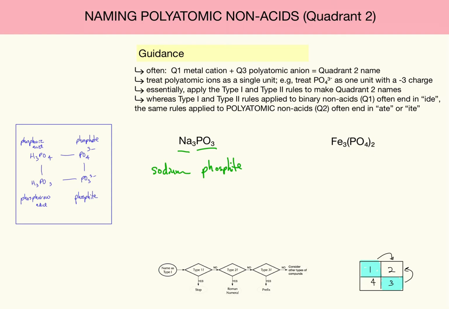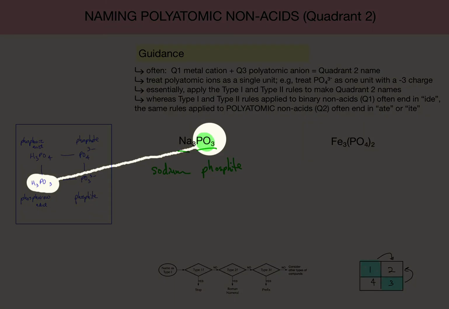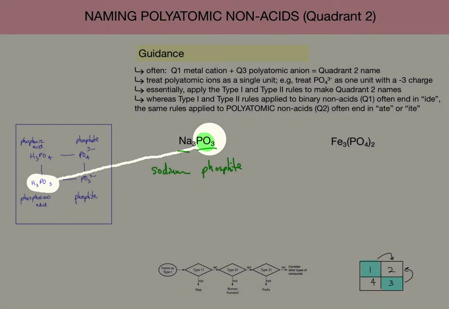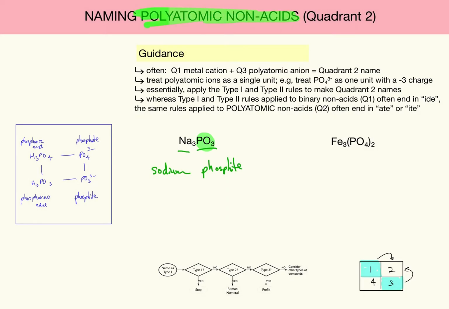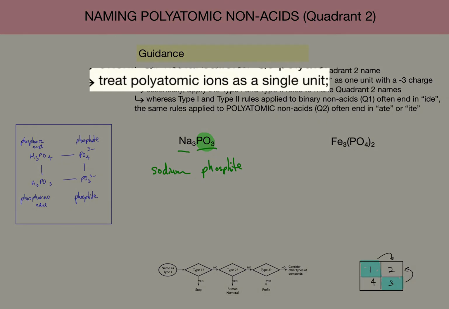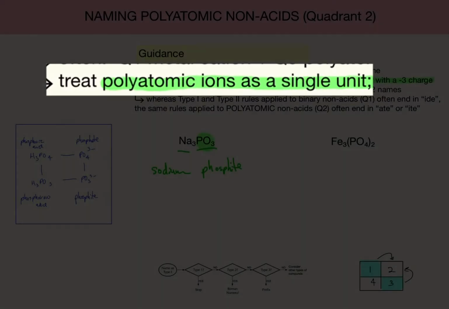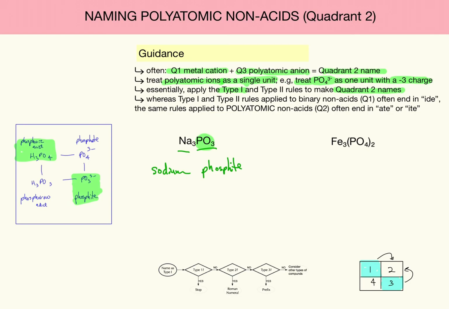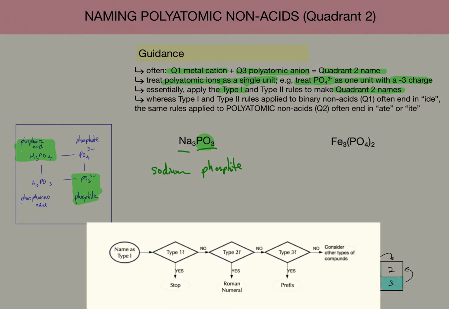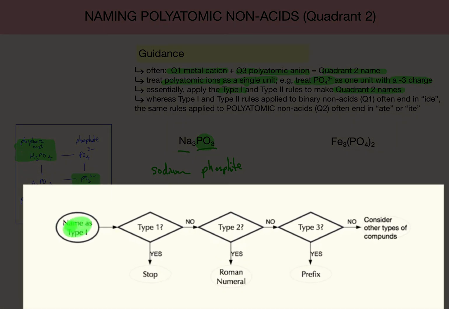What you must do with quadrant 2 is to recognize the PO3 as being the anion from a polyatomic acid. The key to naming polyatomic non-acids is to recognize that the polyatomic ions, you're going to treat them as a single unit. So once you recognize the polyatomic anions, you just name it as a type 1, looked at the metal and saw it was a type 1, sodium, and you stopped.